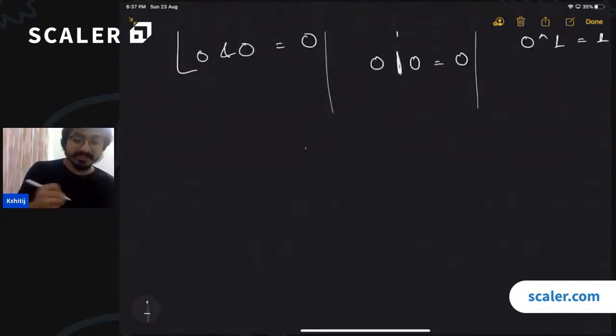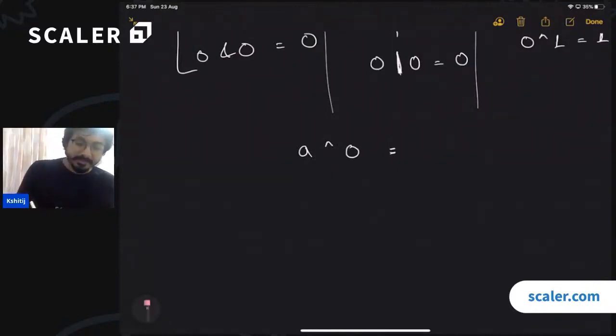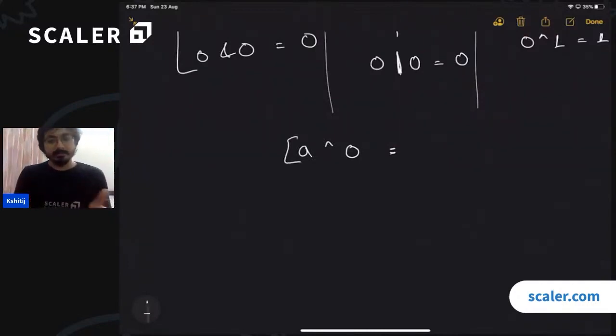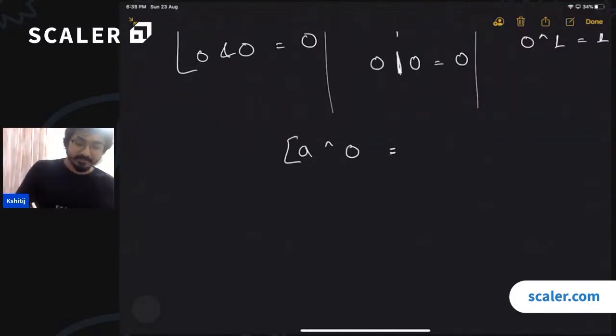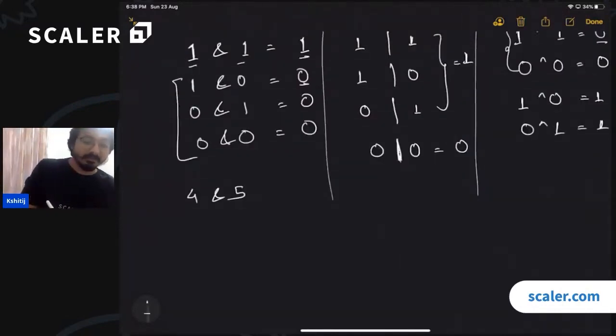If I have an integer a, and I take the XOR of this integer with 0, what is the result that I should get? Before jumping to this, let us understand how bitwise operators function for integers. Let us remove this; we'll come back to this again. If I have to take, let's say, 4 and 5. Till now what we have seen is that both the operands were single bits.